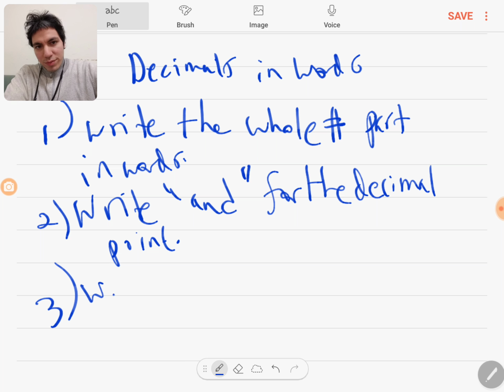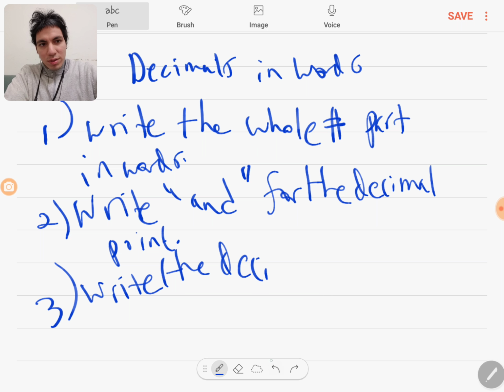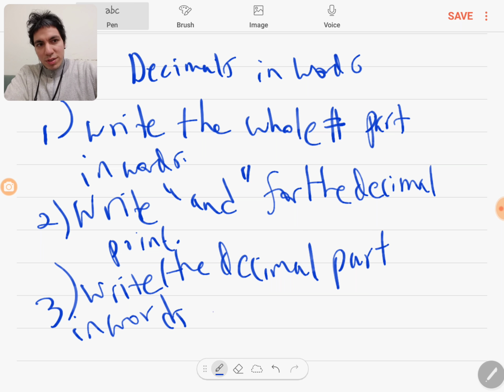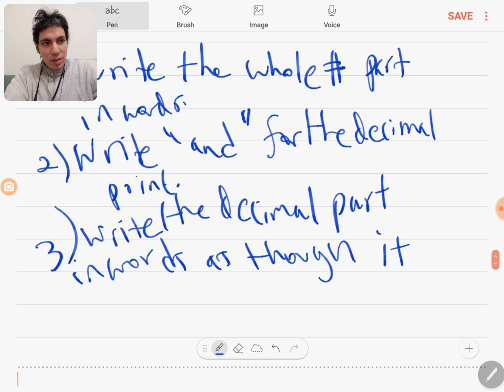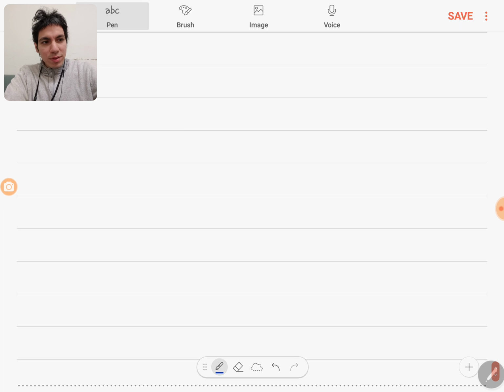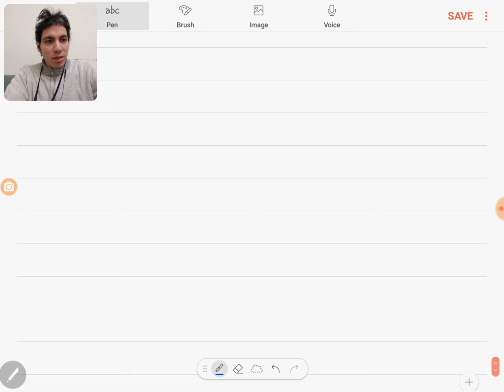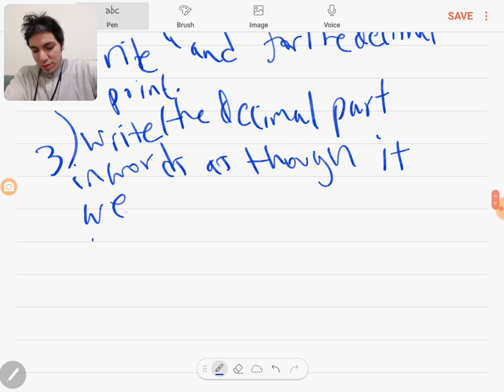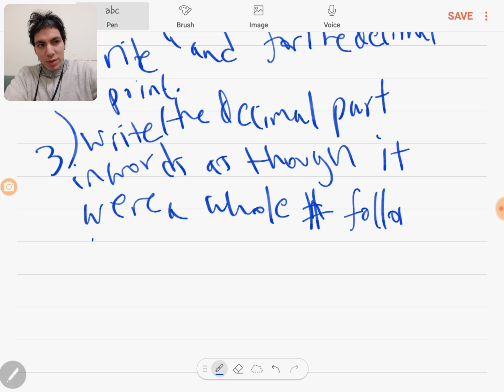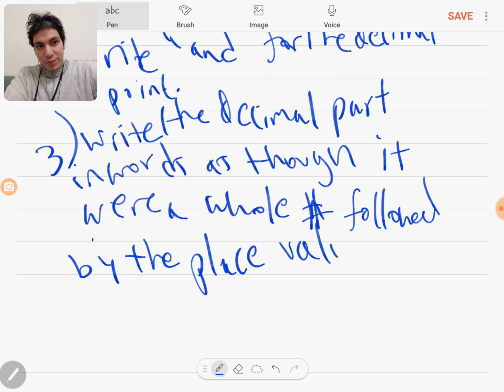And three, you'd write the decimal part in words as though it were a whole number followed by the place value of the last digit.